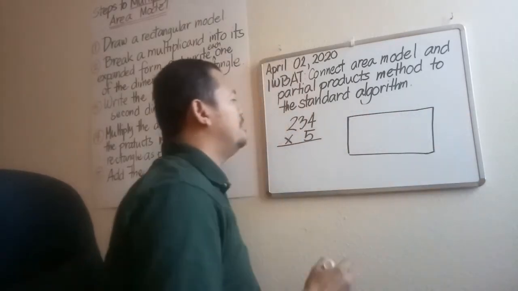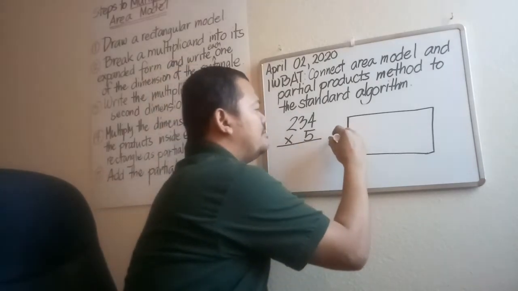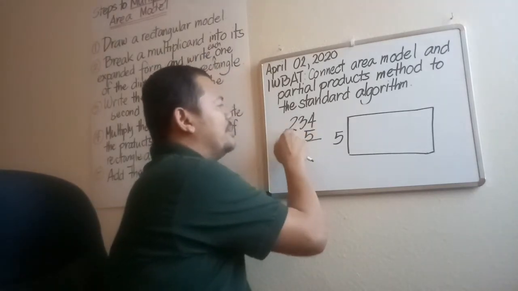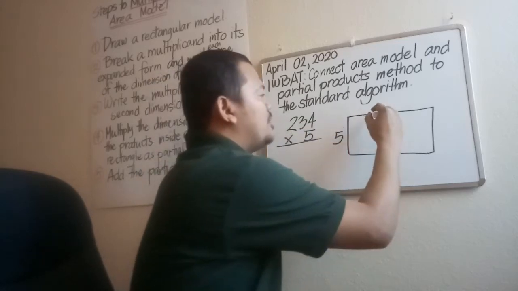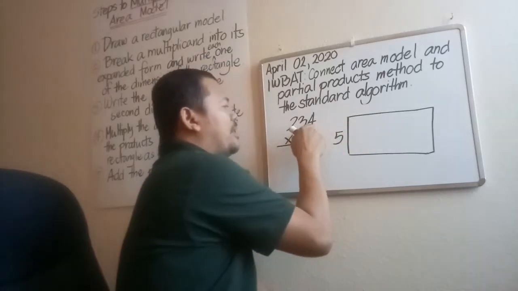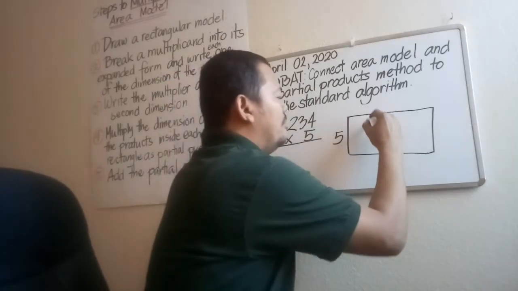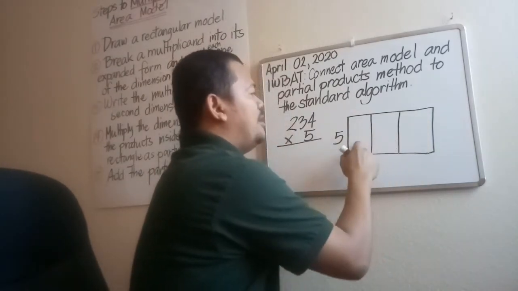We draw a rectangle, then write your multiplier on the side. And how many place values do we have here? So we got here ones, tens, and hundreds. So we are going to divide this into 3 parts because we have 3 place values: ones, tens, and hundreds.